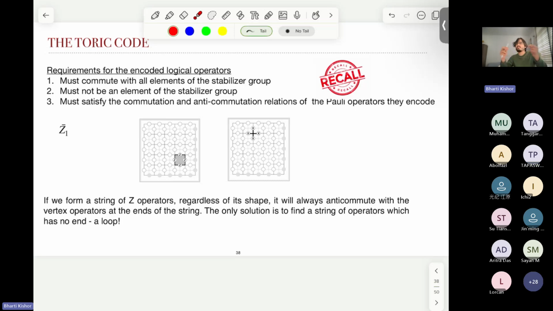So at the boundary of the string, your X operators will not commute with that string of Z operators. So that is bad, so how can we salvage it?